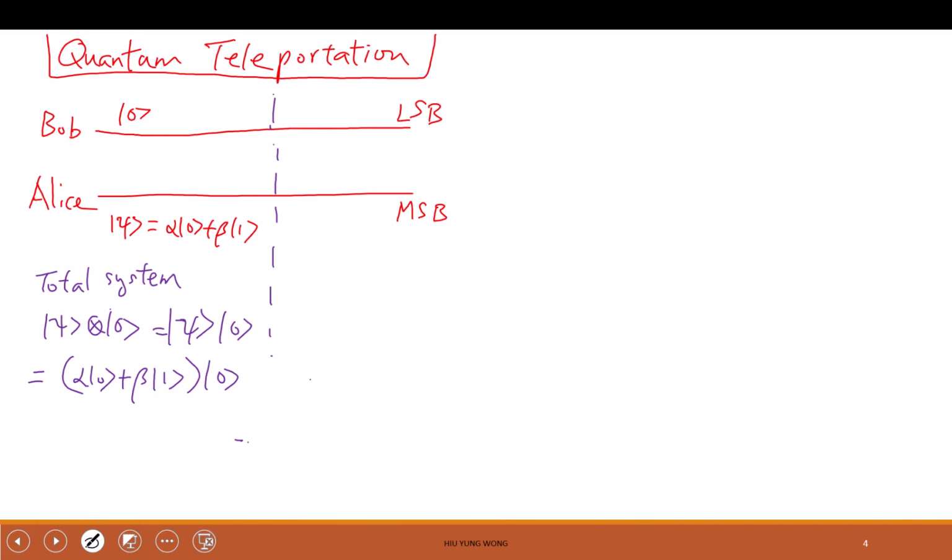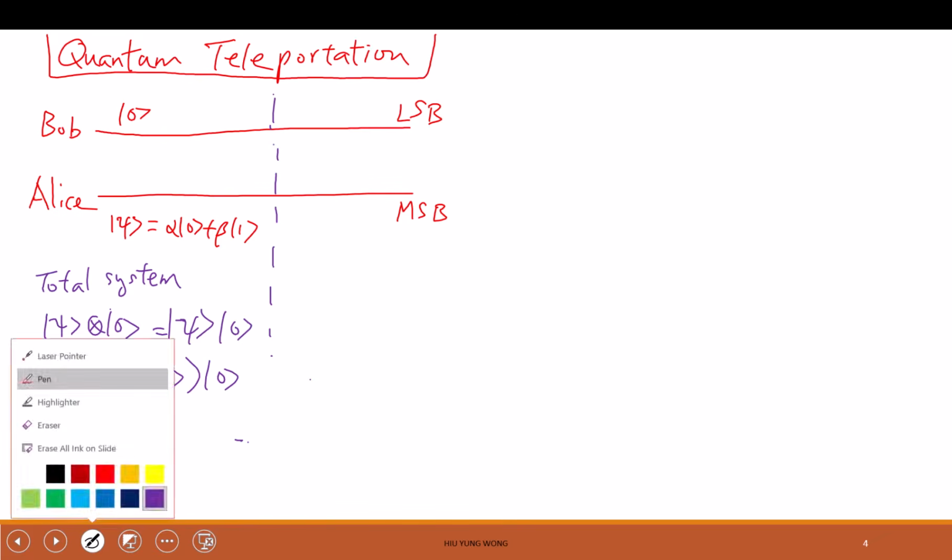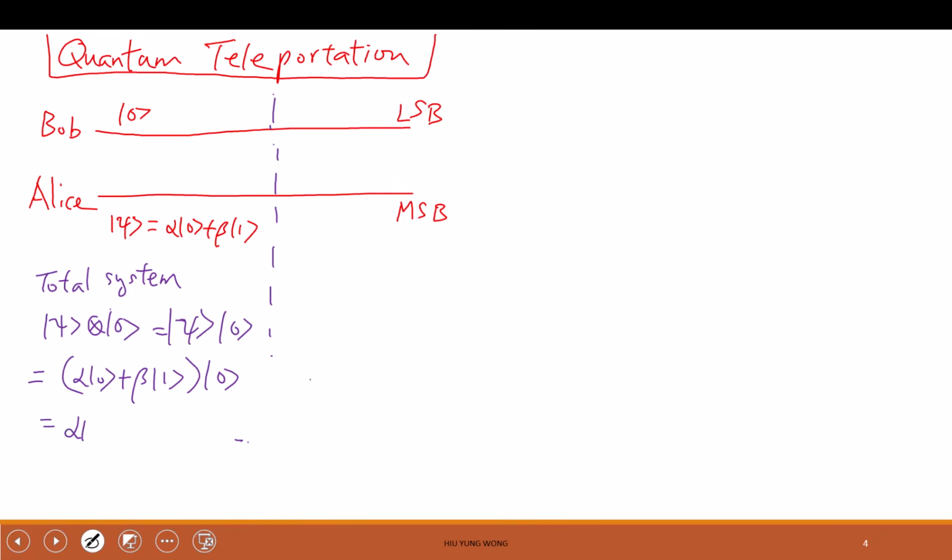If you know how to do the bracket notation, this is exactly this type of operation, right? So how do I write it? I want to expand it, it becomes alpha 0, 0 plus beta 1, 0. Is that okay?